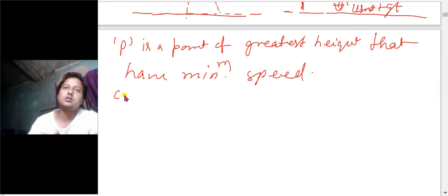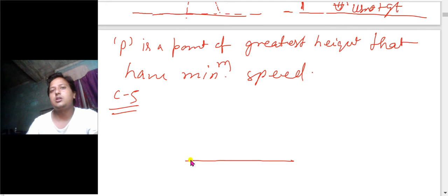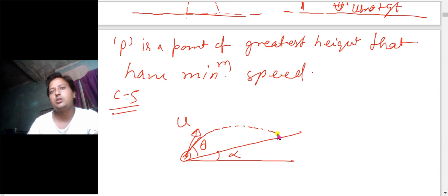Now in case number 5, suppose there is an inclined plane making an angle alpha. We projected a projectile with a speed u at an angle theta. So the body moves along a parabolic path.